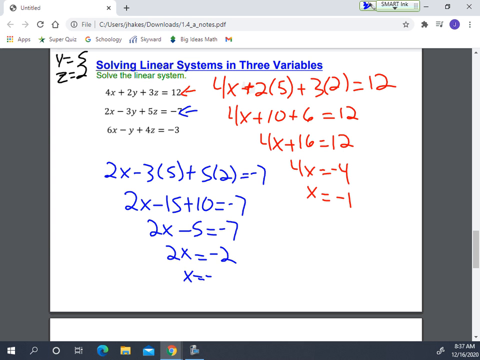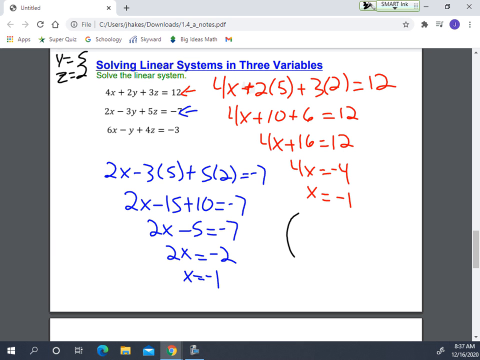X is equal to negative 1. See, same answer. It's actually a great way to check your work, because if you got a different answer, we messed up somewhere.